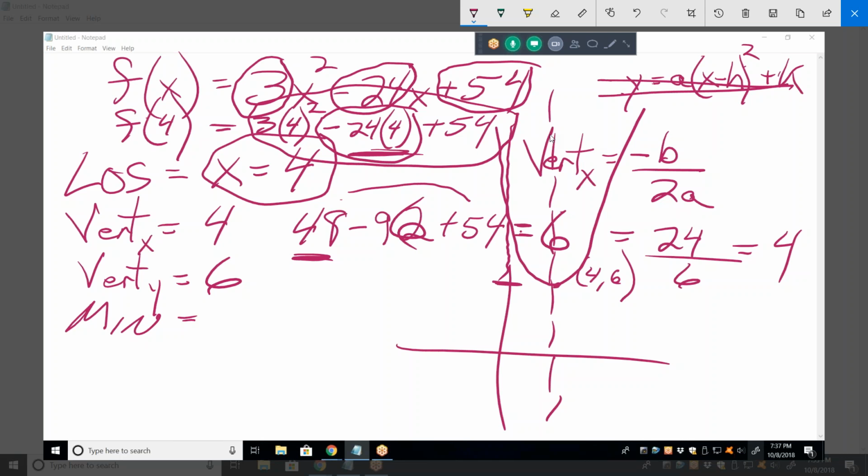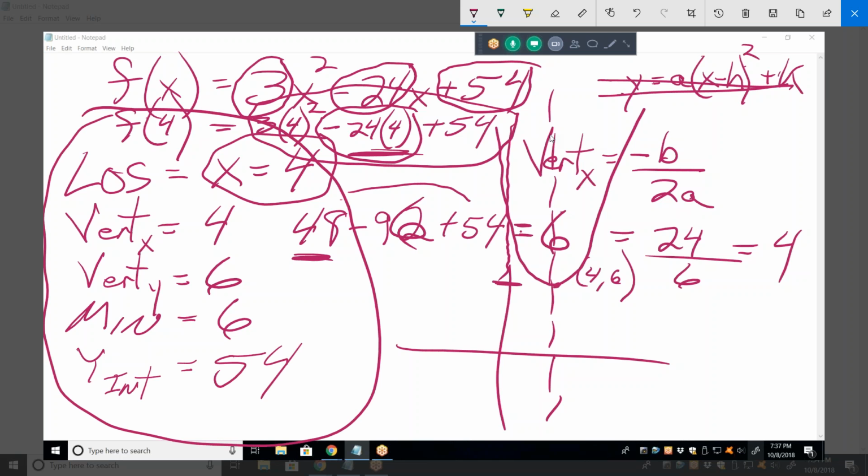The y value would be 6. So we got the vertex, the line of symmetry, the y value. The only thing we don't have is the y-intercept. The y-intercept is 54. And that was all they wanted? Let's see. Vertex, axis of symmetry, direction, minimum. Yep, that's all.